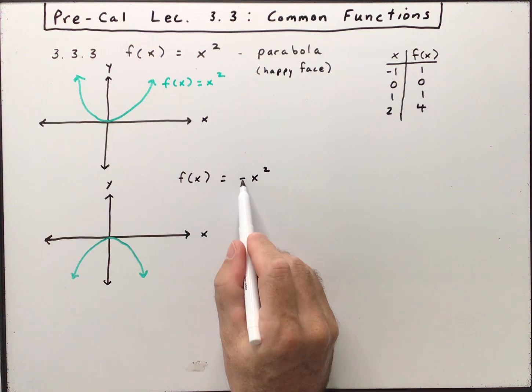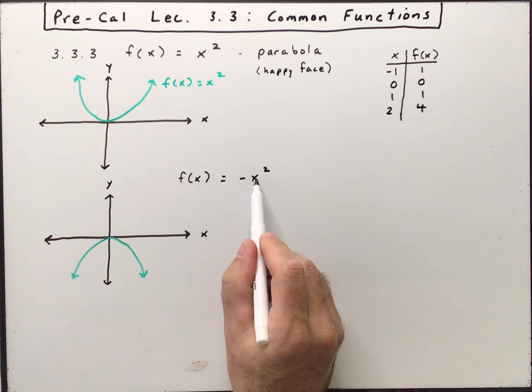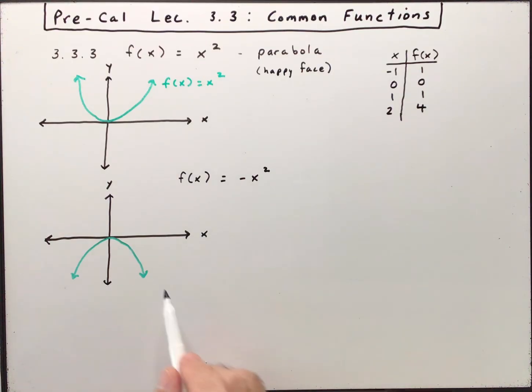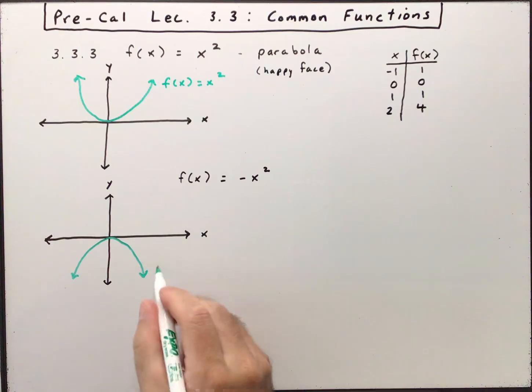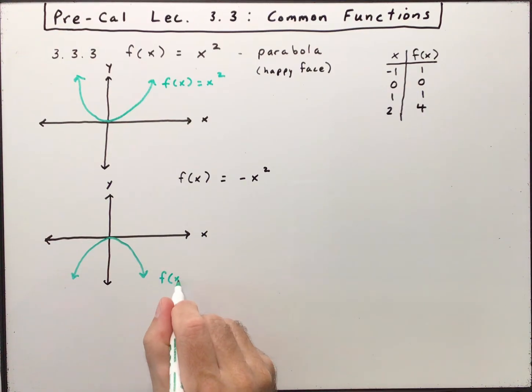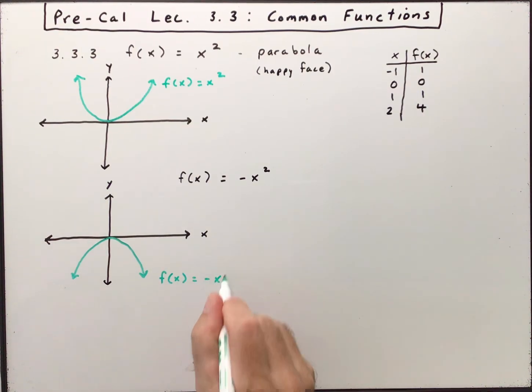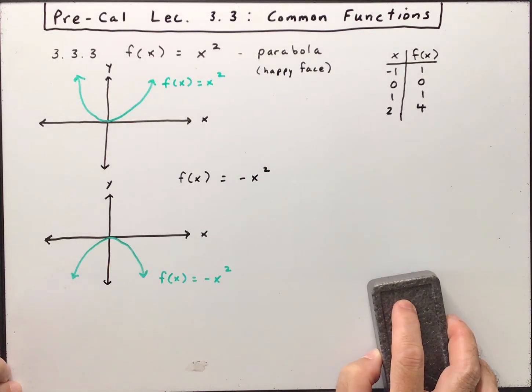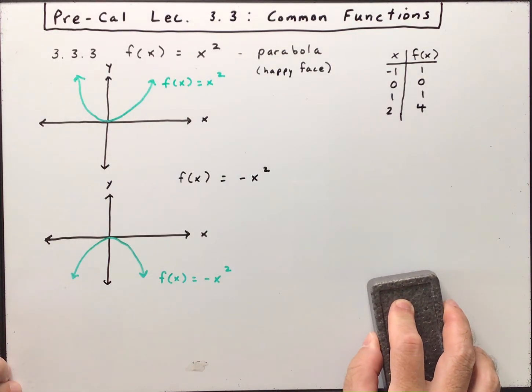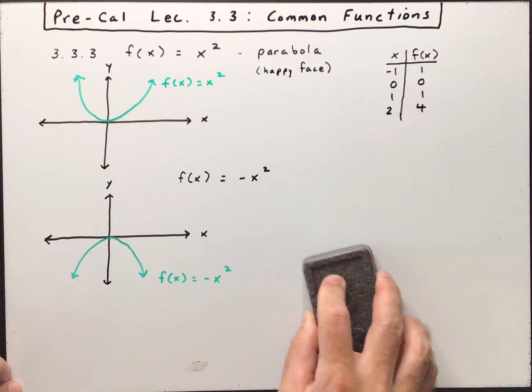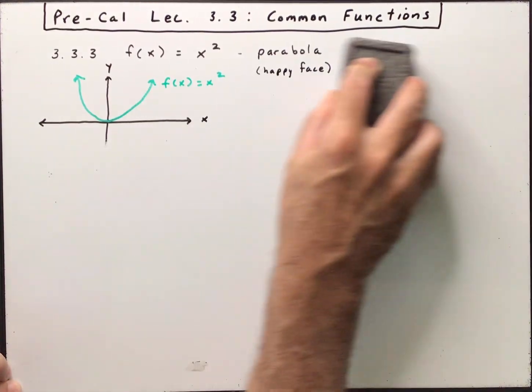So if there's a negative in front of the x squared, the parabola is going to be pointing downward. All right. So there you go. So we've got 3 common shapes. We're going to do a total of 8, I believe.